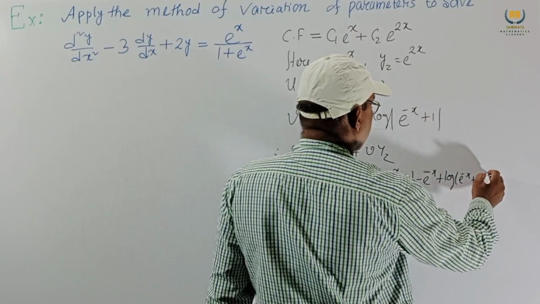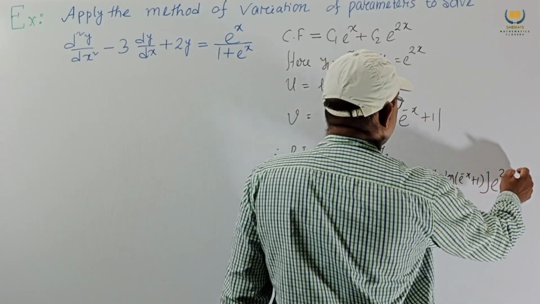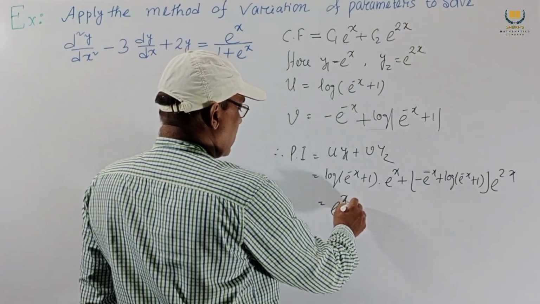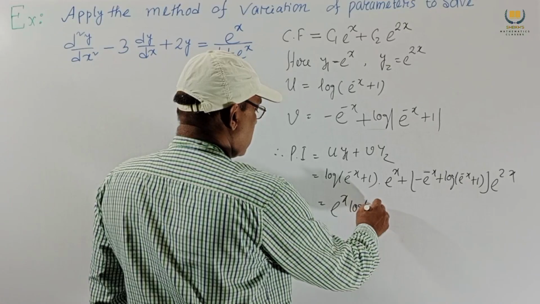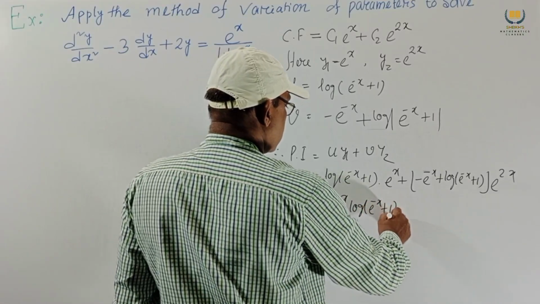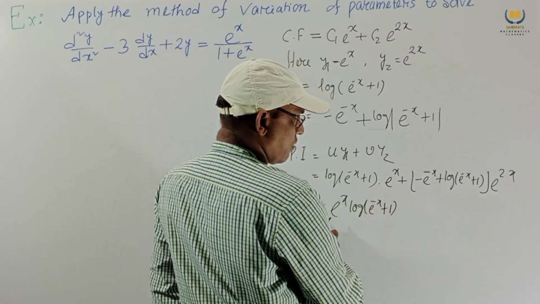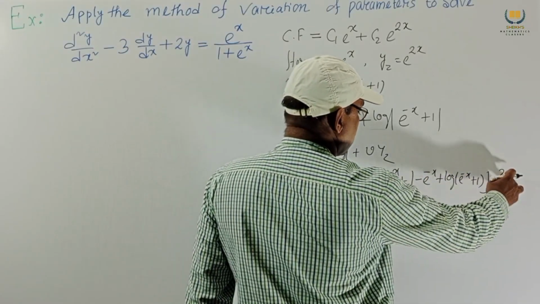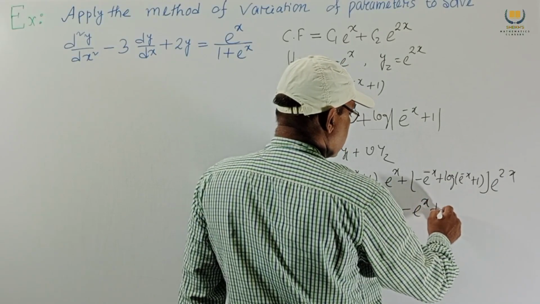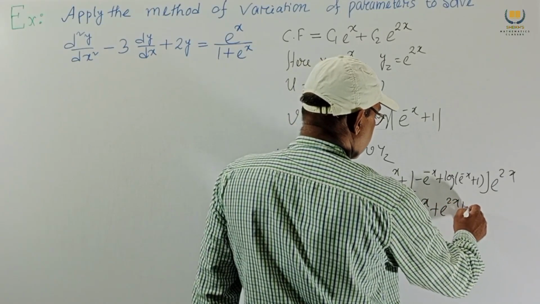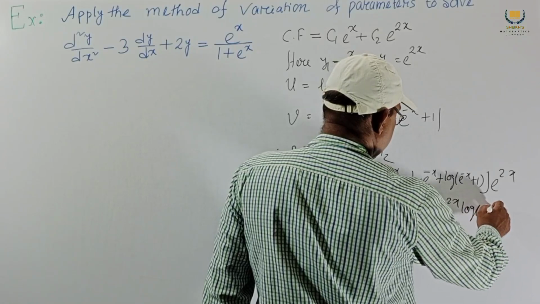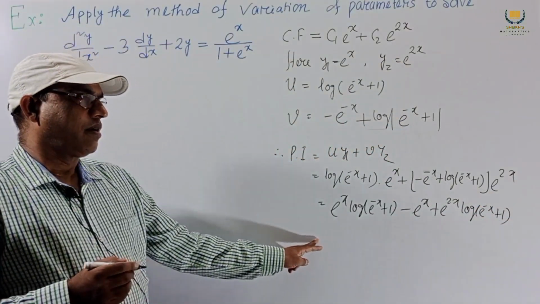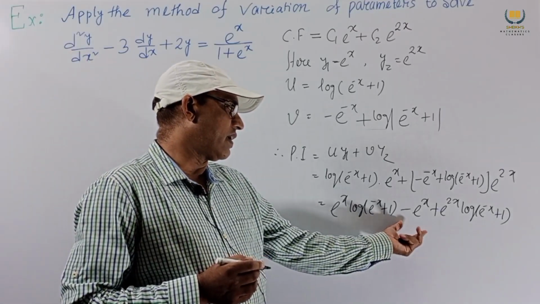We can write modulus or without modulus, and e to the power twice x. So we write in this way: e to the power x log of e to the power minus x plus 1, this we write first, and multiplying with this minus x plus twice x, e to the power x, e to the power twice x log e to the power minus x plus 1. We get the particular integral.